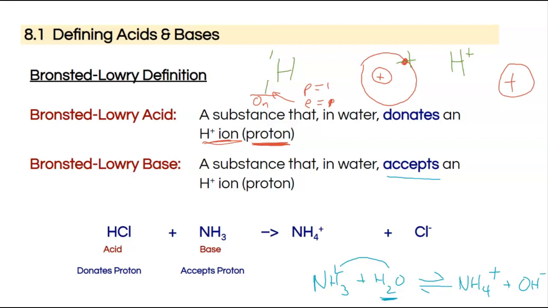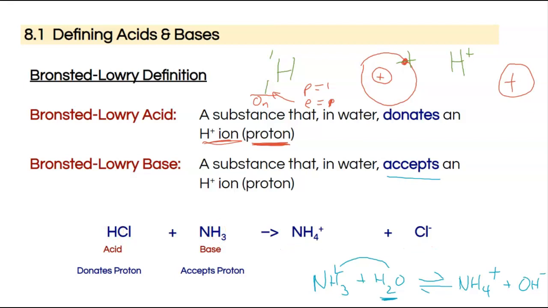What I'm looking to see is, how can I see that hydrochloric acid is acting as an acid and that ammonia is acting as a base? Well, we want to look at our products and see what happens to the hydrogen. There's only one hydrogen here and three hydrogens here, but what's happening to the hydrogens when I consider my products?